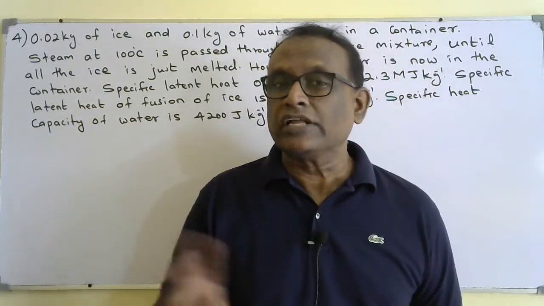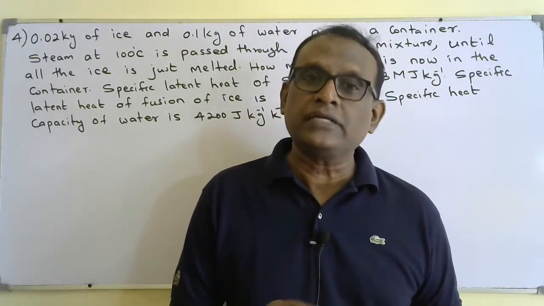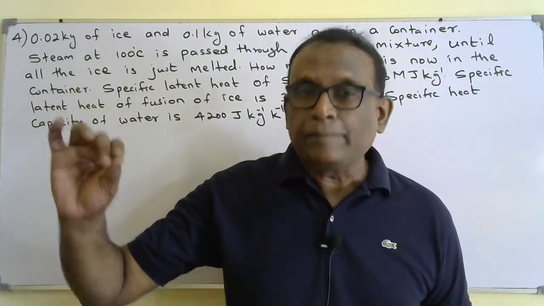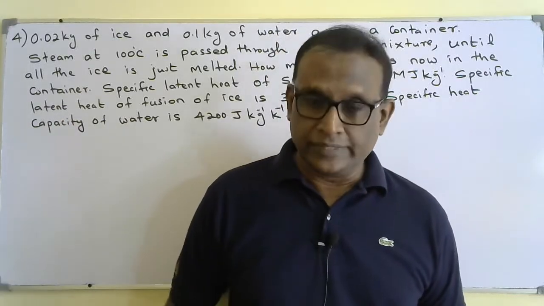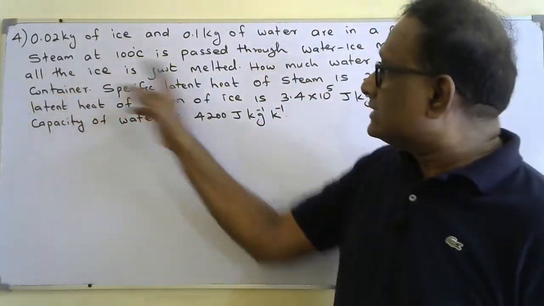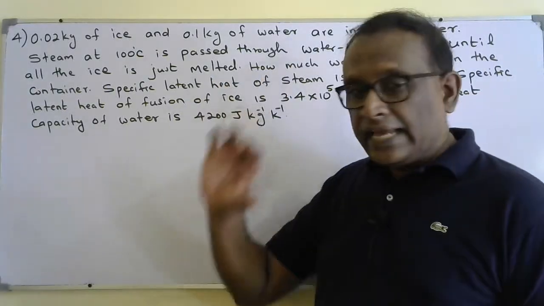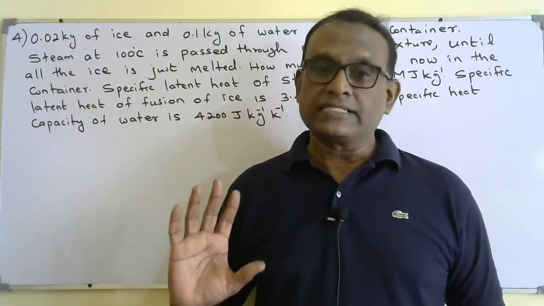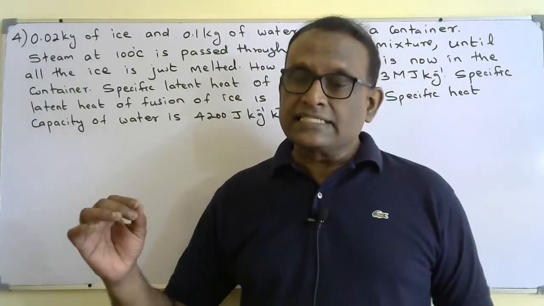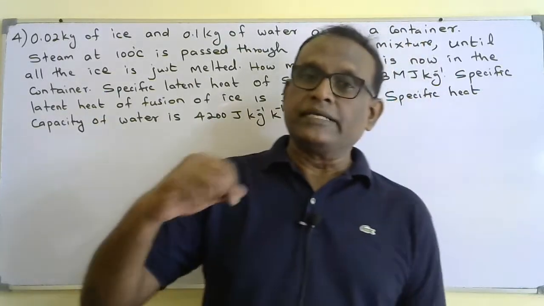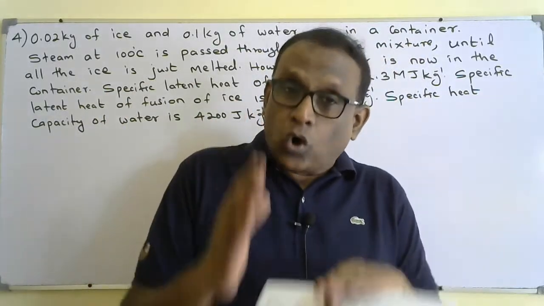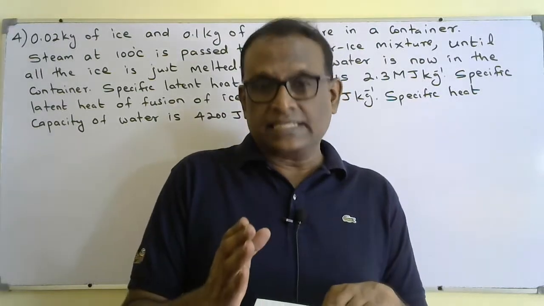So there are two different processes going to happen when steam passes through the ice water mixture, because the ice water mixture has just melted, meaning finally we have water at 0 degrees Celsius. When 100 degrees Celsius steam passes through the ice water mixture, first it will condense into water at 100 degrees Celsius.